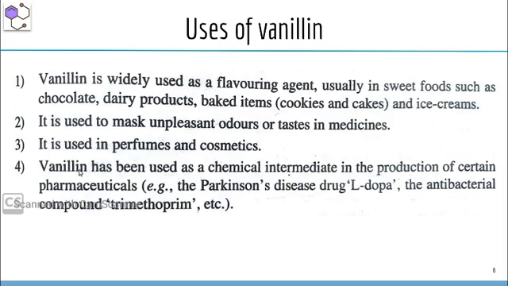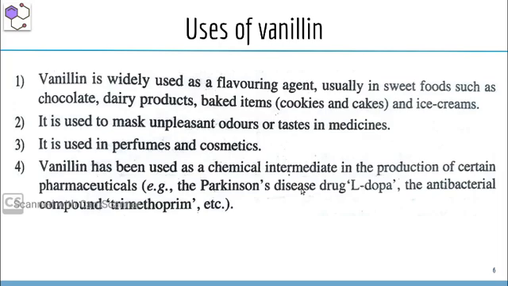Then vanillin has been used as a chemical intermediate in the production of certain pharmaceuticals. It is also used for making drugs, for example the Parkinson's disease drug L-Dopa. You may have heard about Parkinson's disease.